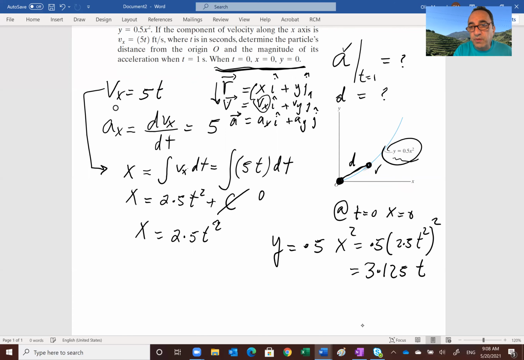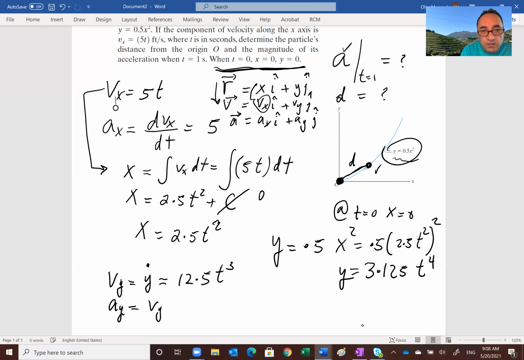And I have t to the power 4 then. Now look, guys. Vy is y dot, right? The derivative of that becomes 4 times 3.125, that's 12.5 t cubed. And ay is vy dot, or y double dot, right? So that becomes 37.5 t squared.